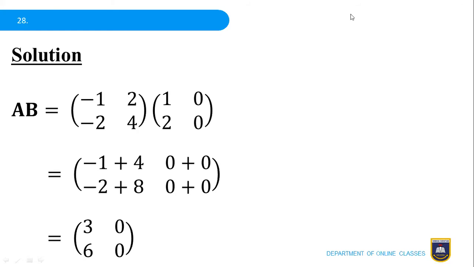Theophilus, your hand is up. Ewa, your hand is up. So did you all get that answer? Yes. Dogbe Roslyn, did you get that answer? Okay.